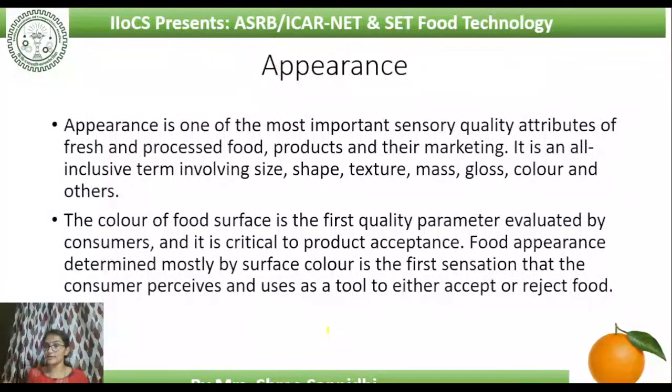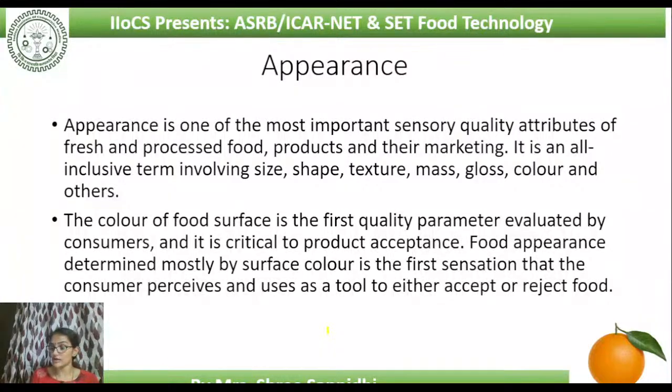If it is heavy, we feel it is filled. Sometimes for some light products, if it is heavy, we'll feel that it is not as usual, so the consumers will have doubts to buy that. That is how mass also comes into appearance.